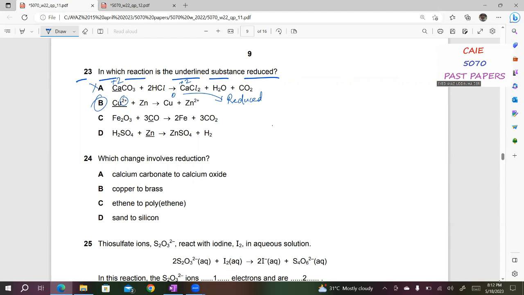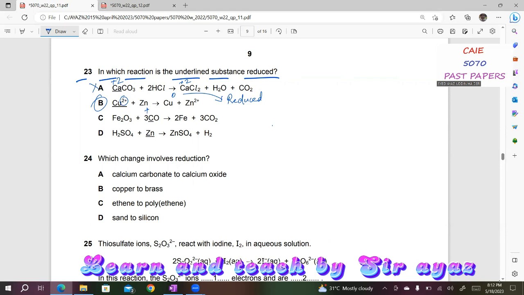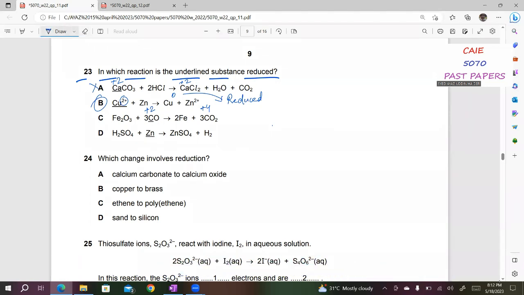See, Fe2O3 plus 3CO gives 2Fe plus 3CO2. Now, if you work out the charge on C of CO, you will get +2. And on the product side, the charge on C will be +4, because the charge on oxygen is -2 and we have two atoms of oxygen.